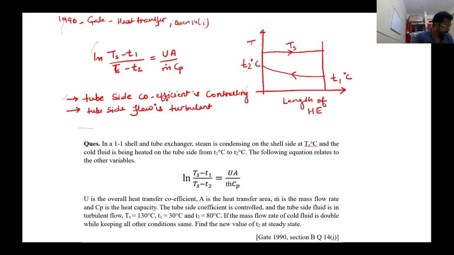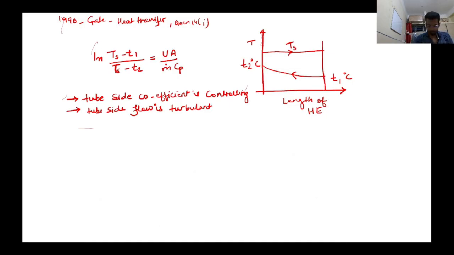If Ts is 130 degrees Celsius, T1 is 30 degrees Celsius, T2 is 80 degrees Celsius, and if the mass flow rate of cold fluid is doubled while keeping all the other conditions the same, find the new value of T2 at steady state. Okay, so the given value of Ts is 130 degrees Celsius.